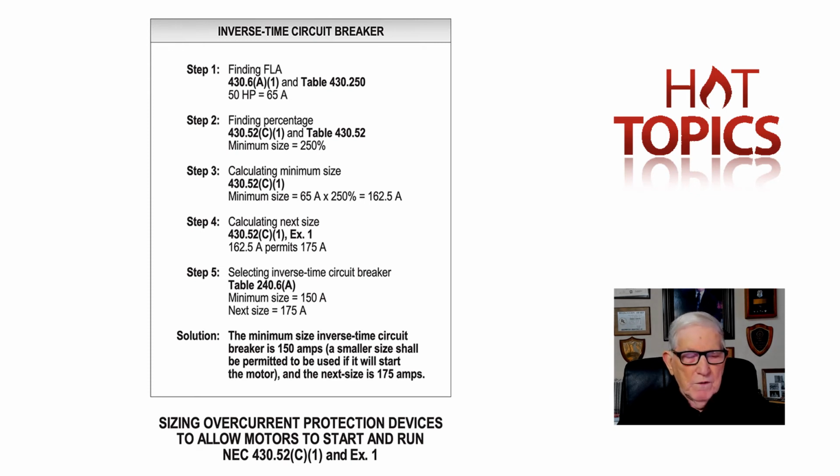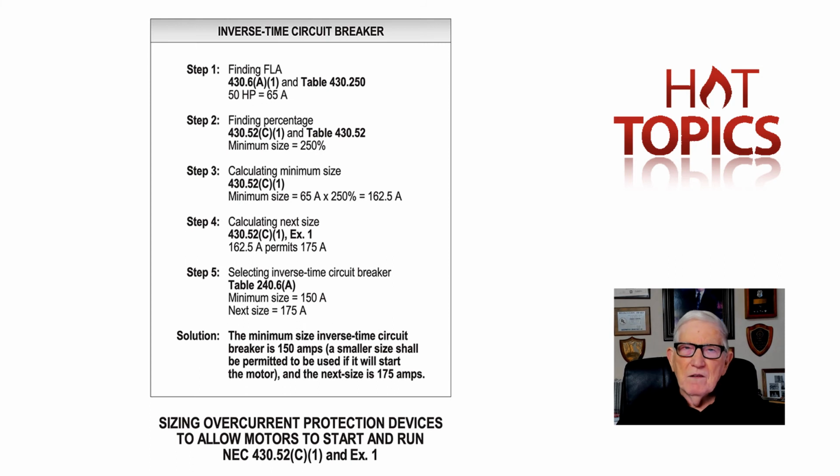Now we would review, starting on page 318, 430.52C1, which is the round down size, and I'm going to kind of paraphrase it, but it basically says you cannot exceed that 250% of step 2. So the 162.5 amps in step 3 after the math was performed, you would have to round it down to 150.